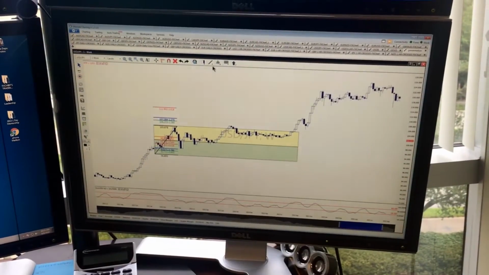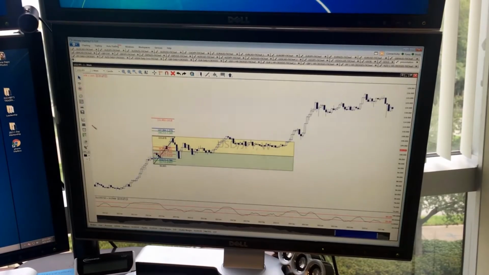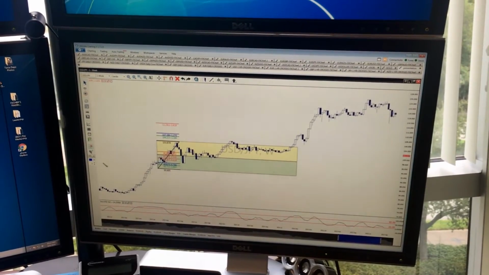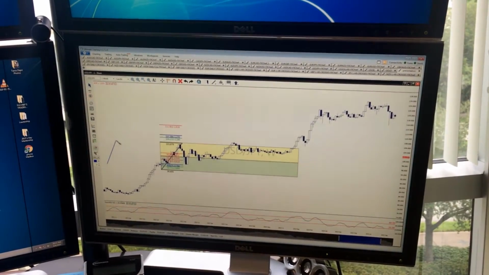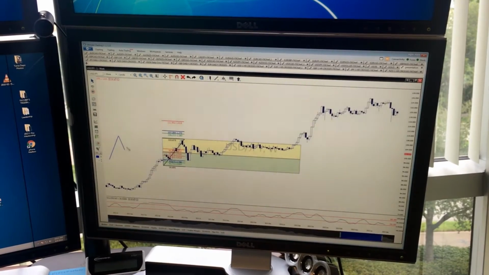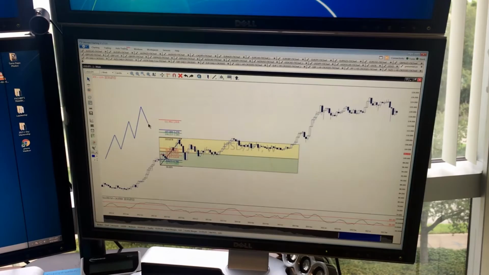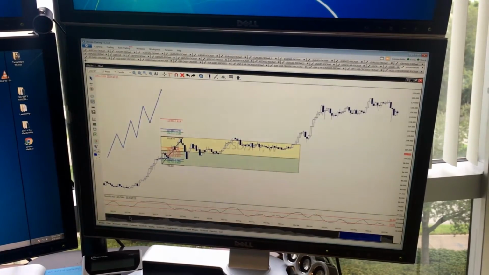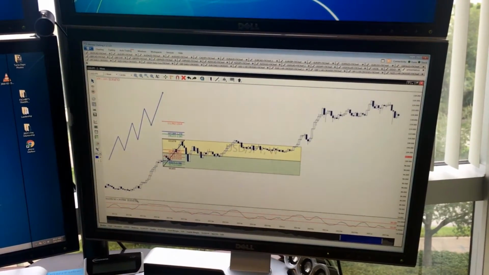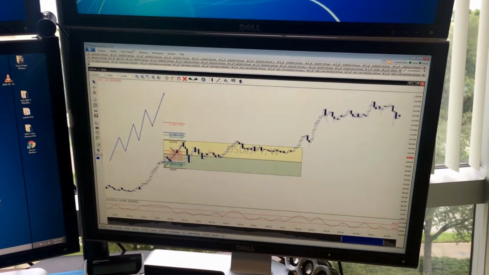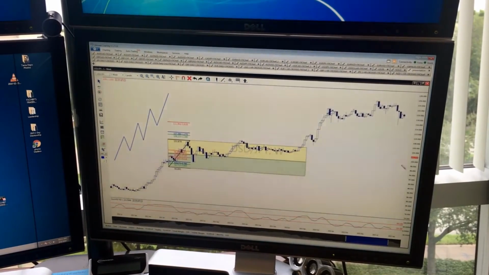As everybody knows, as the market moves, the market waves. As it waves, it'll start to wave up like this, making higher highs and higher lows. This is called an uptrend. Take a good look here: it's making higher highs and higher lows.